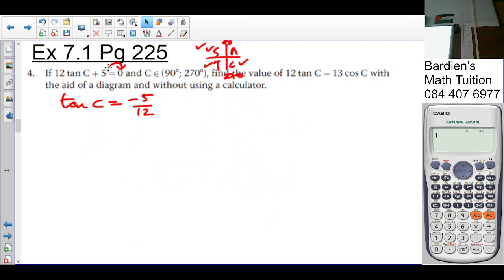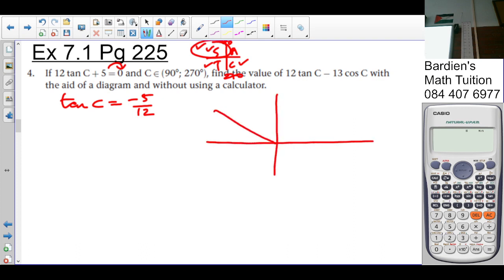So that means I must draw this diagram in the second quadrant. Here's my angle C. Okay. What does tan stand for? Opposite over adjacent. So fill in the information now.